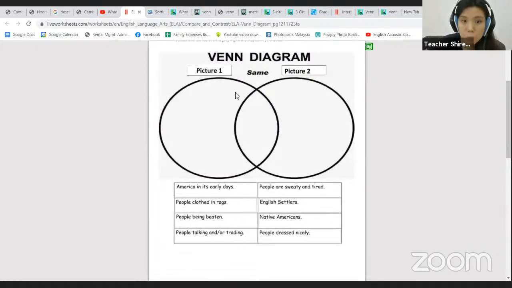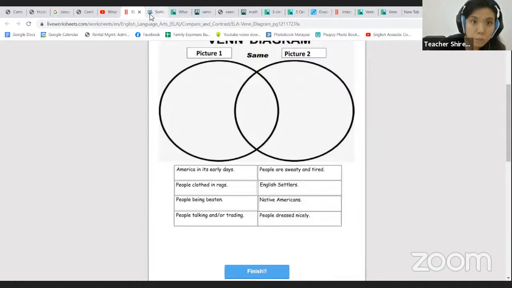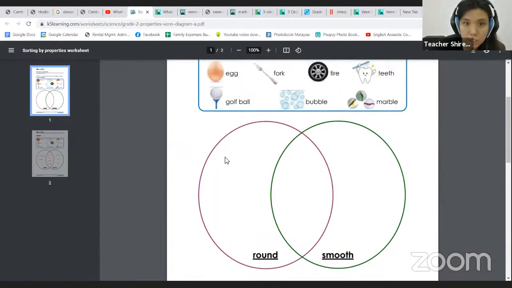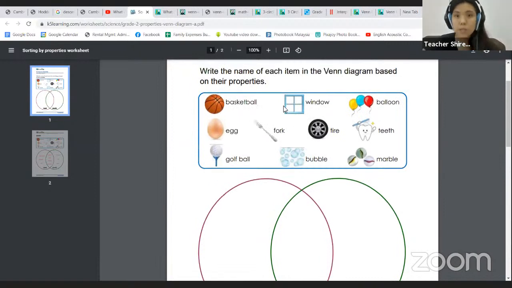So this one is different and the other one is the same. This one both have. This one is a little bit about history, so let's skip it. This is easier. This one I cannot move, so I'm just going to type it down.